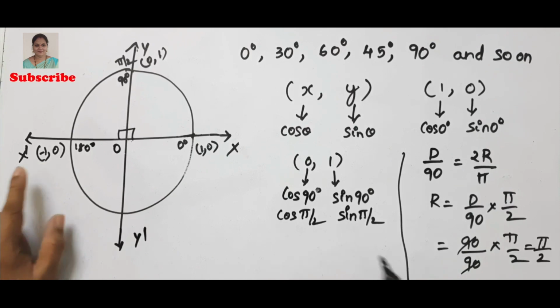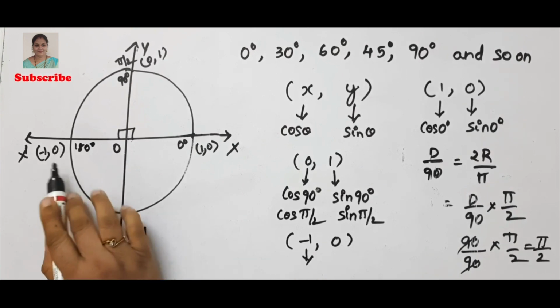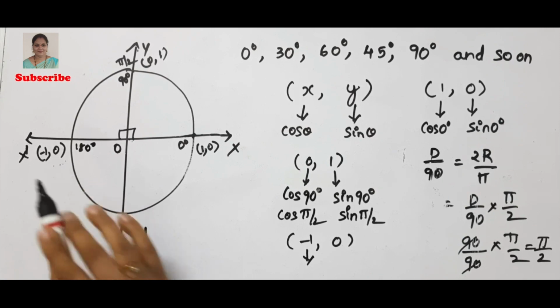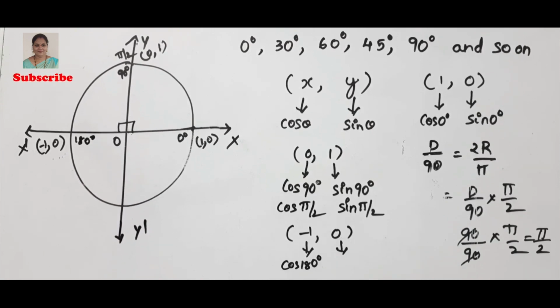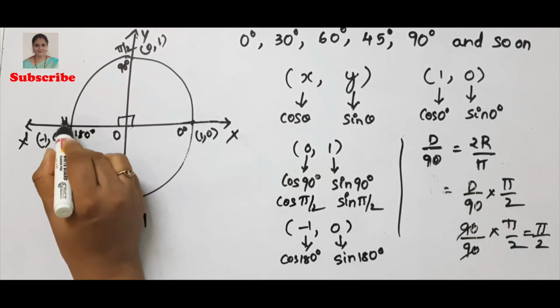So in the ordered pair -1, 0, I am talking about this point of intersection, this belongs to cos 180 degrees. This belongs to sin 180 degrees. Using this relation, if you convert, this will be pi.